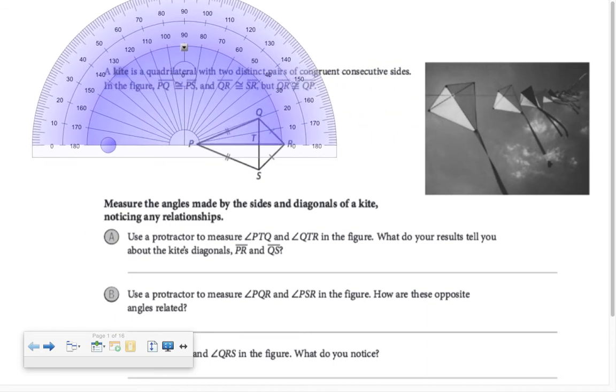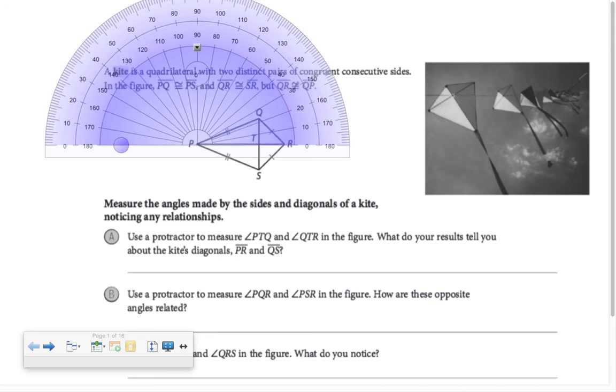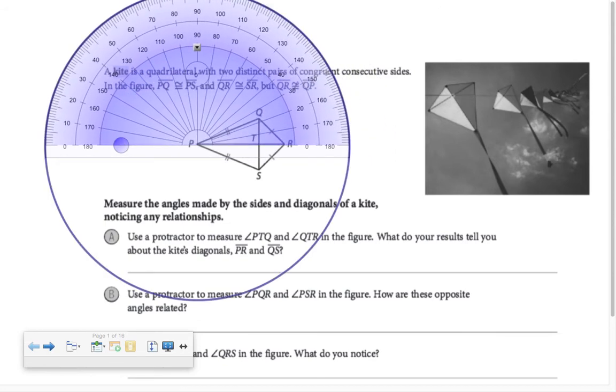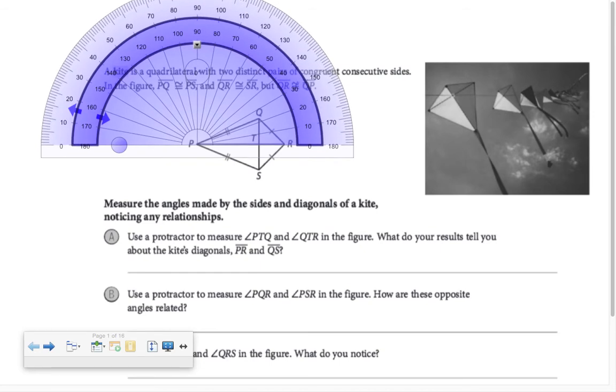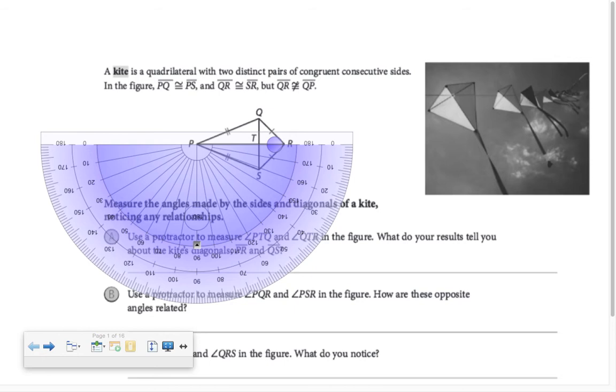If I measure angle TPQ, that is about, I don't know, maybe 22. And if I measure angle TPS, it is also just about 22.